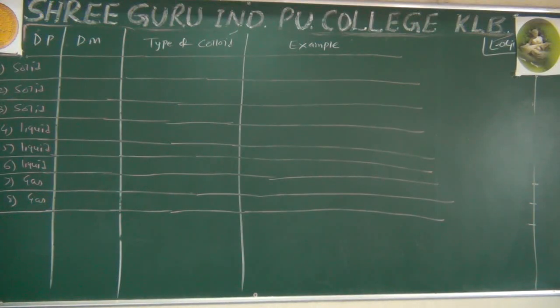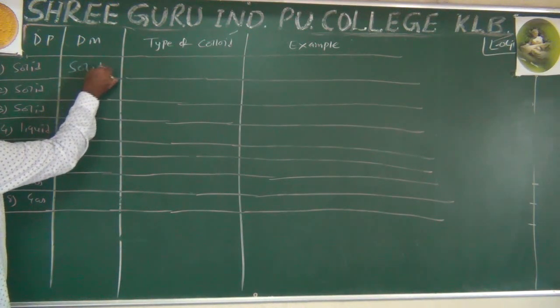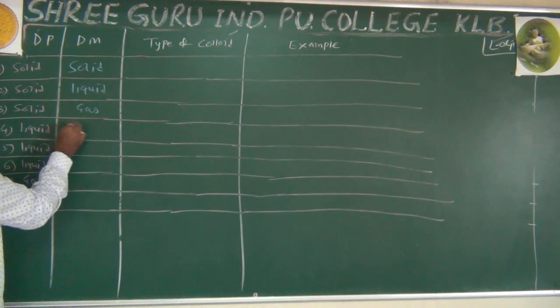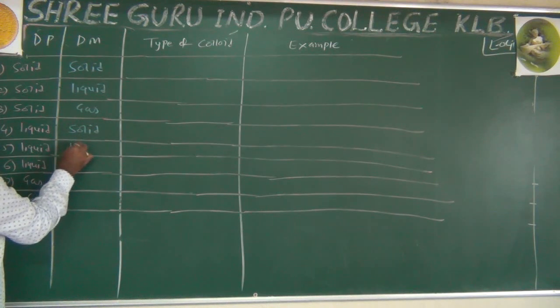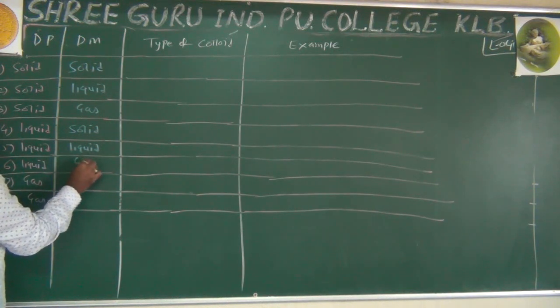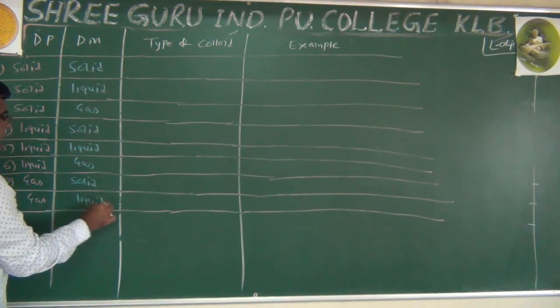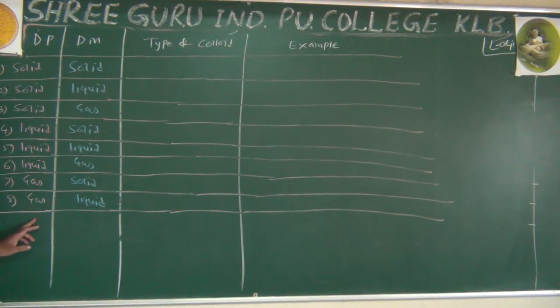And look at the dispersion medium: solid, liquid, gas; solid, liquid, gas; solid, liquid. No gas. If you write 9, gas into gas, that is a homogeneous mixture, a solution. We are dealing only with heterogeneous systems, so we come across only these 8 types.